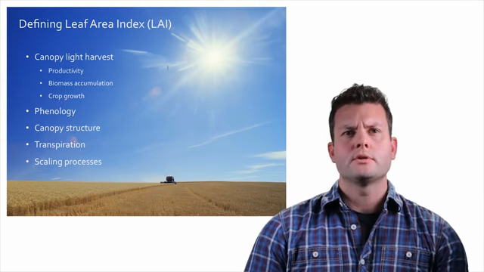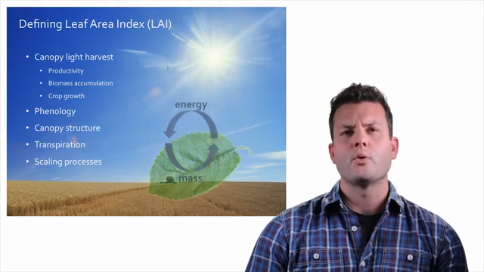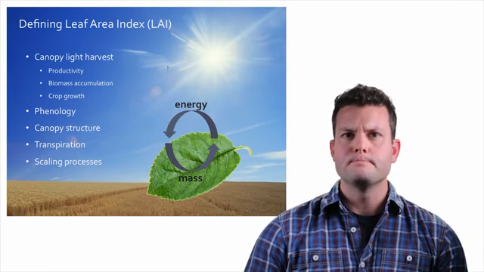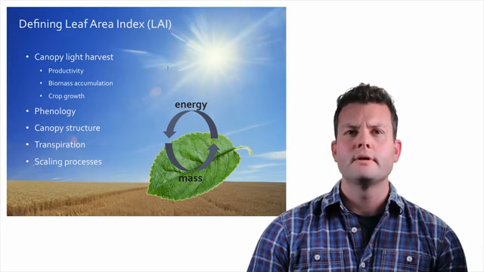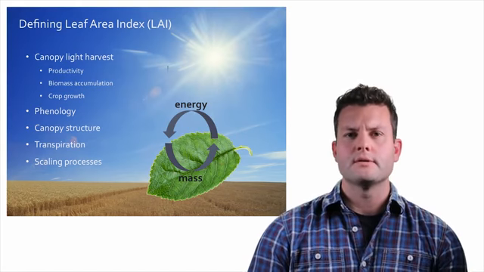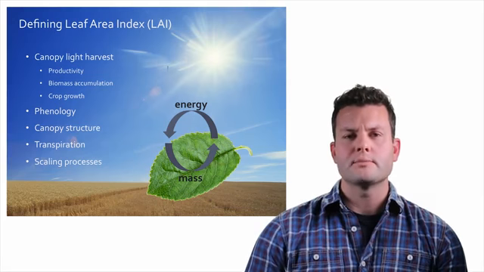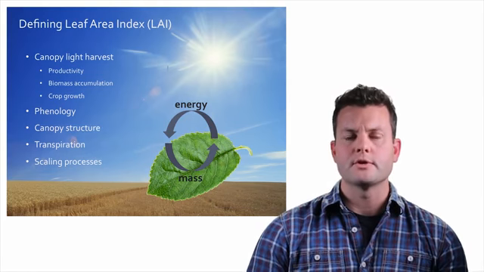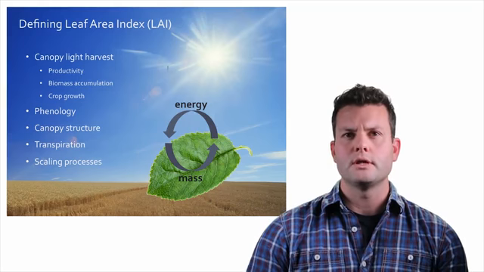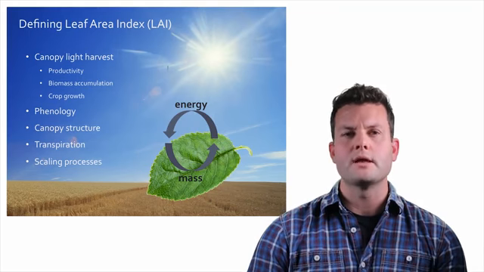Just in general, let's consider a leaf, for example. There's a lot of physiology that is occurring within that leaf. And then those physiological processes are interacting with the surrounding atmosphere at the surface of the leaf. And those interactions occur in the exchange of both mass and energy.